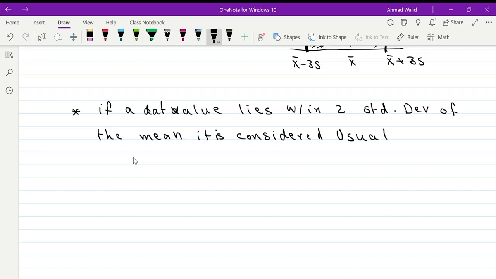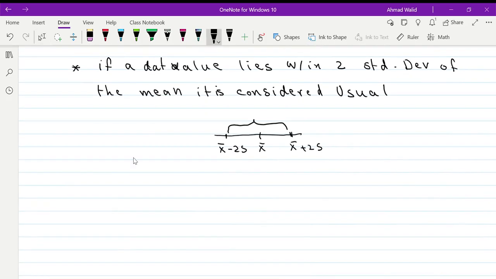For example, I'll just show in a line for you. This is your x bar, and here it's x bar plus 2s, 2 standard deviation, right? And here x bar minus 2s. If your data falls inside up to 2 standard deviation, you call this data usual, correct?